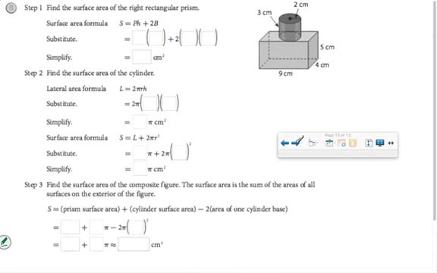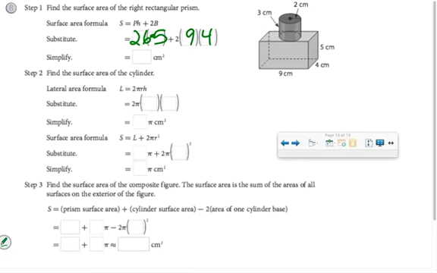In part B, we're going to start by finding the surface area of the prism. The perimeter of the base is 9 plus 4 plus 9 plus 4, so that's 18 plus 8, which is 26. The height of that prism is 5. And then 2 times the base and height of the base of the prism. When I type this all into my calculator, we get 26 times 5 plus 2 times 9 times 4.